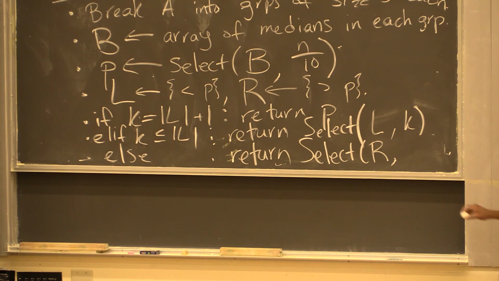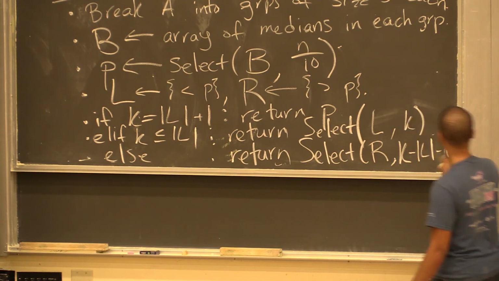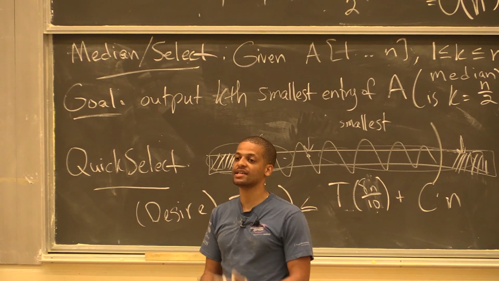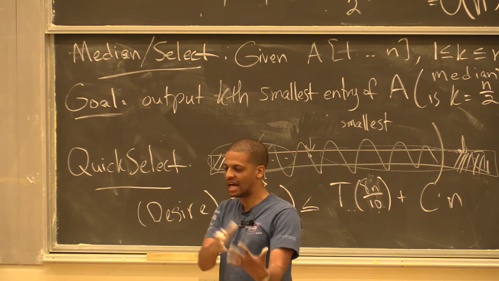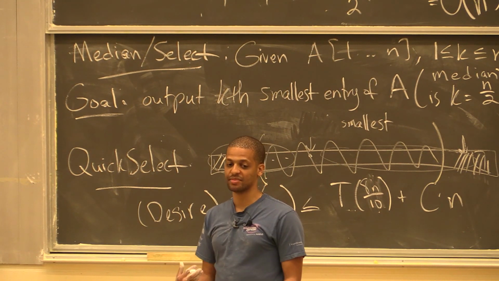It's going to be K minus L minus 1. Right? Because even the smallest thing in R is bigger than L plus 1 things in the original array A. It's bigger than all of L, and it's also bigger than the pivot P. That's L plus 1 items.